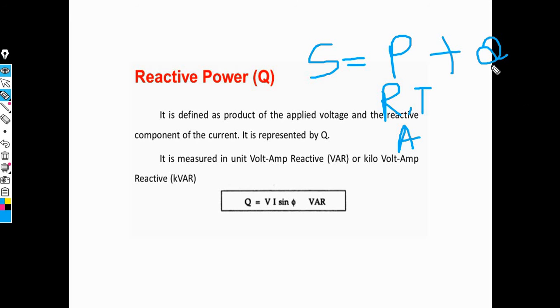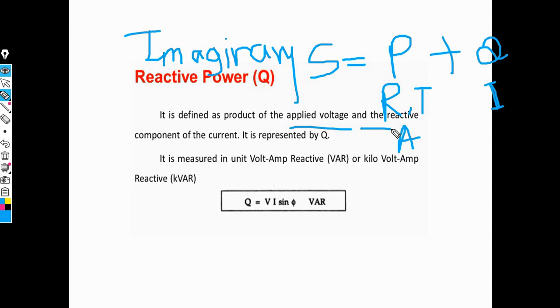But reactive power is also called imaginary power. That means Q, that is reactive power, is also called imaginary power. Reactive power is defined as the product of applied voltage and the reactive component of current.